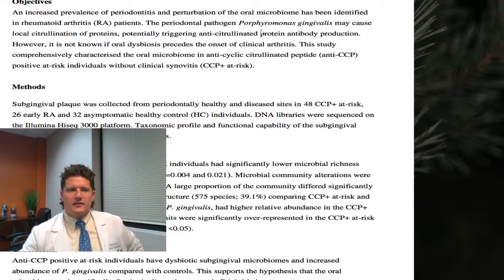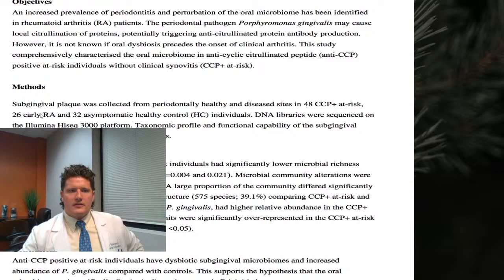And they're saying that this Porphyromonas gingivalis may cause local citrullination of proteins, potentially triggering anti-citrullinated protein antibody production. So again, the CCP antibodies, anti-citrullinated proteins or peptides, very similar, antibody production.